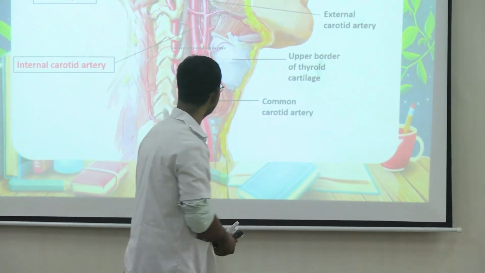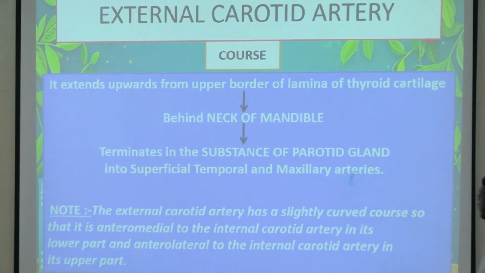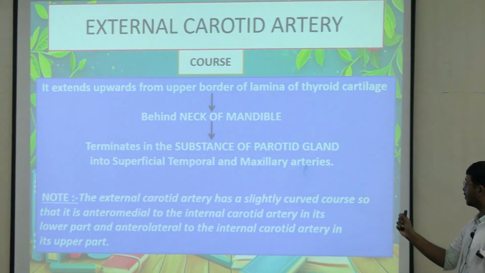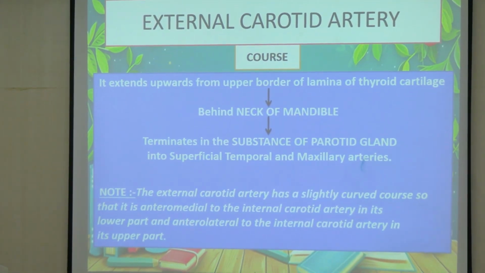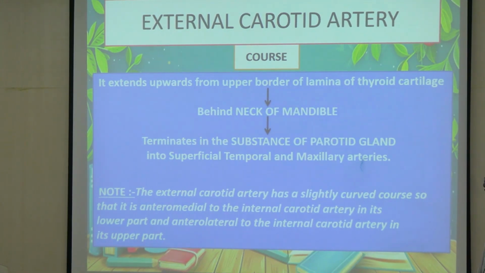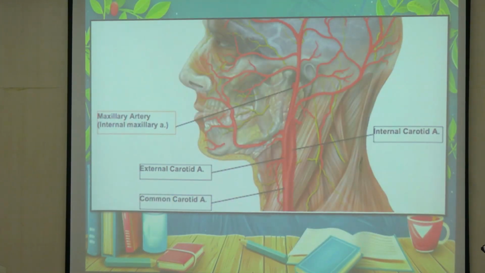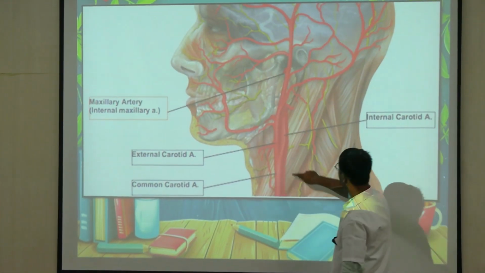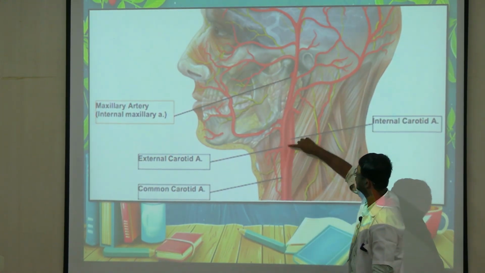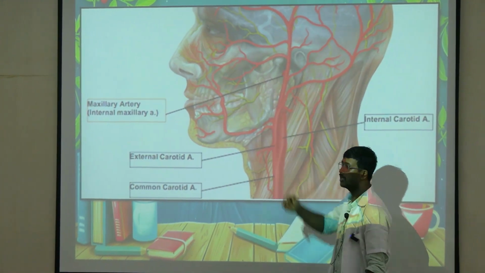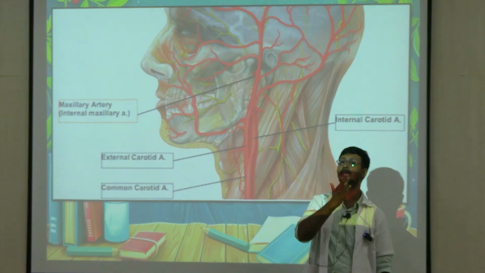Now the external carotid artery is anteromedial to the internal carotid artery in the lower part, but anterolateral to the internal carotid artery in its upper part. What I am trying to say is, this is your internal carotid artery. In the beginning of the journey, this external carotid artery is present anteriorly and medially.